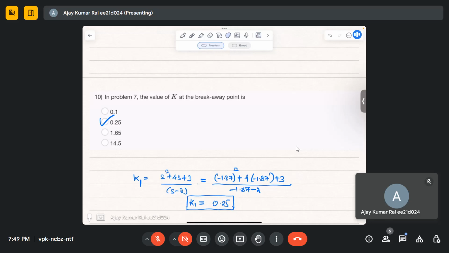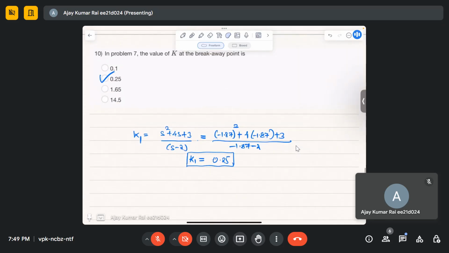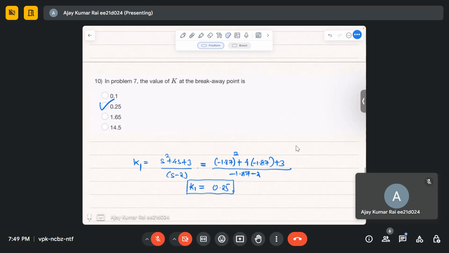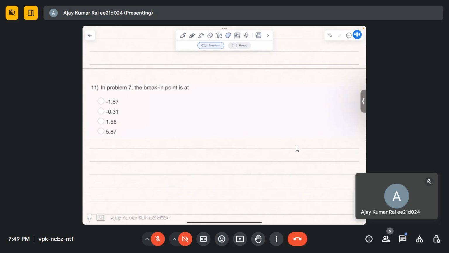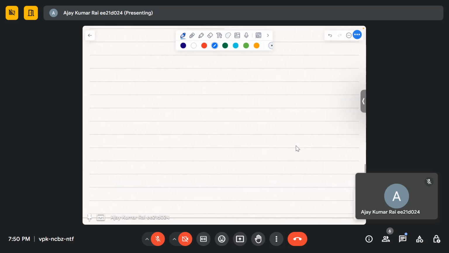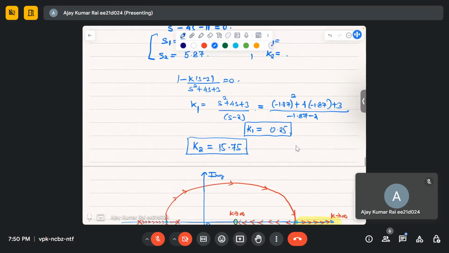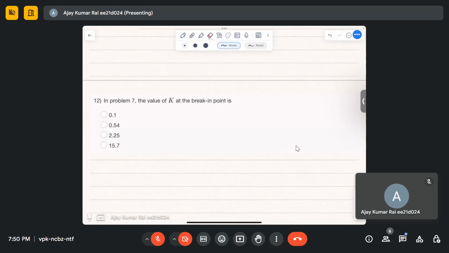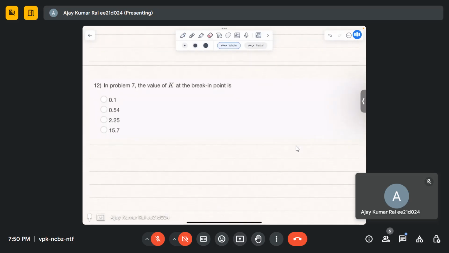I know at s equal to -1.87, that is the breakaway point, and the value of K at that point is 0.25. And in the next problem, the break-in point, I've already calculated it to be 5.87, and the value of K is 15.75. So in the next question, the value of K at the break-in point is 15.75. This is already solved.